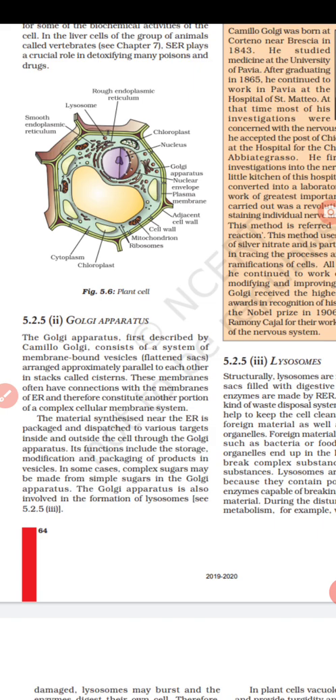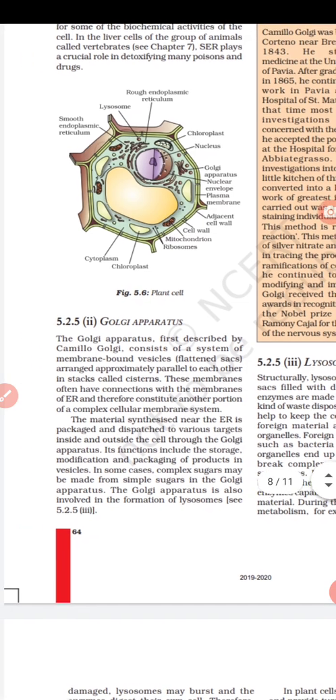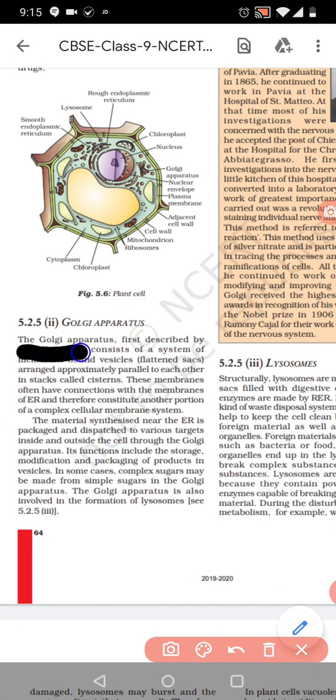I repeat again, children, the Golgi apparatus, or you can say Golgi bodies, was first observed by Camillo Golgi in 1898. If we see the structure of Golgi bodies, it also consists of a double membrane-bounded structure, right, children, and it forms a network-like structure.